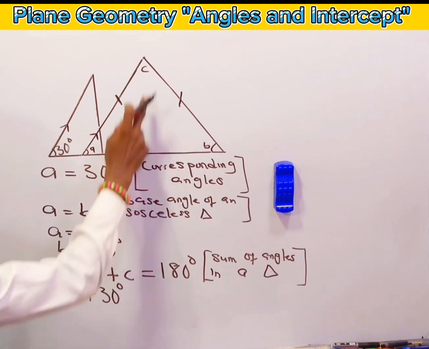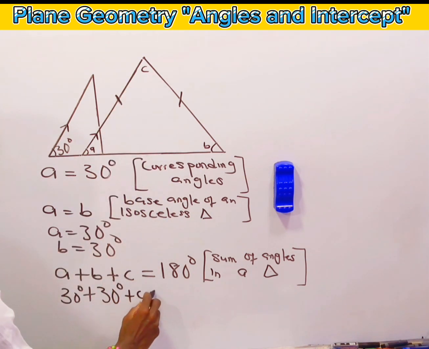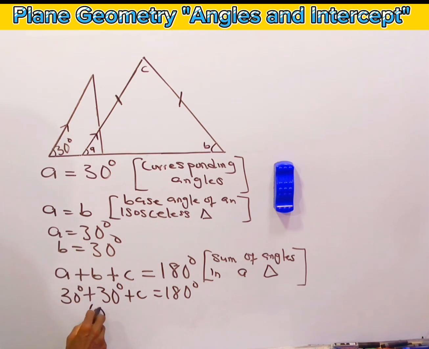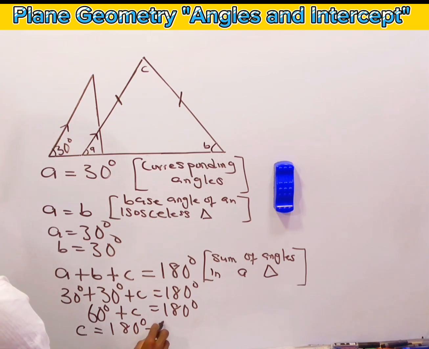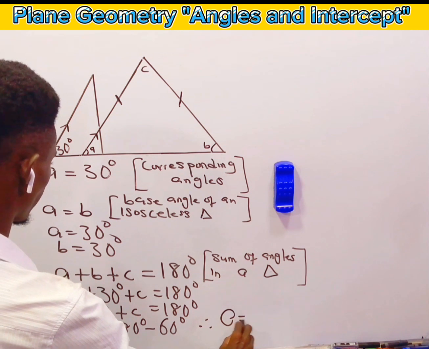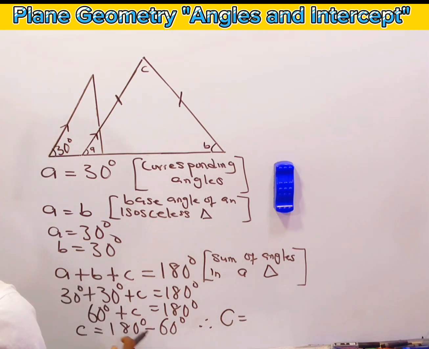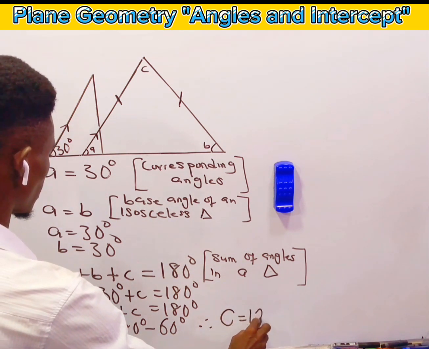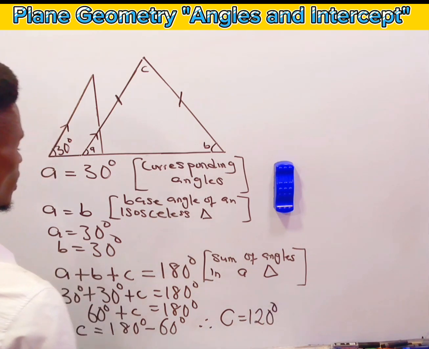And what is C? C is unknown. Therefore, 30 plus 30 gives us 60 degrees plus C is equal to 180 degrees. So making C the subject, we'll have C equal to 180 degrees minus 60 degrees. Therefore, C is equal to 120 degrees.